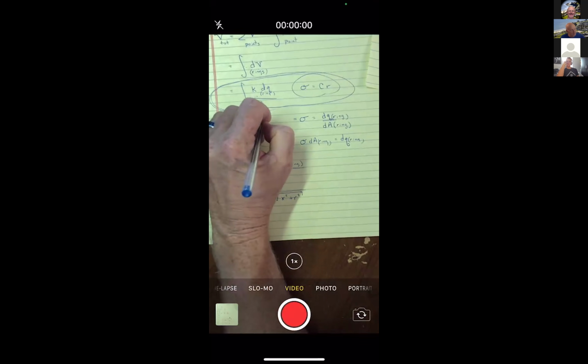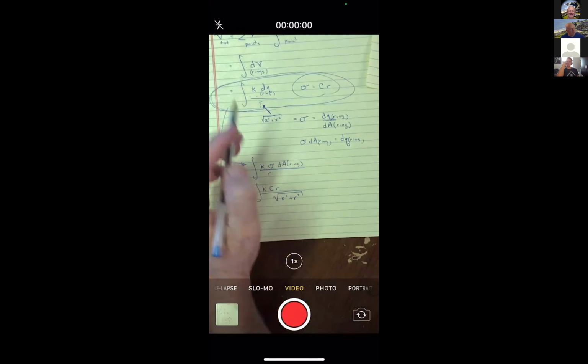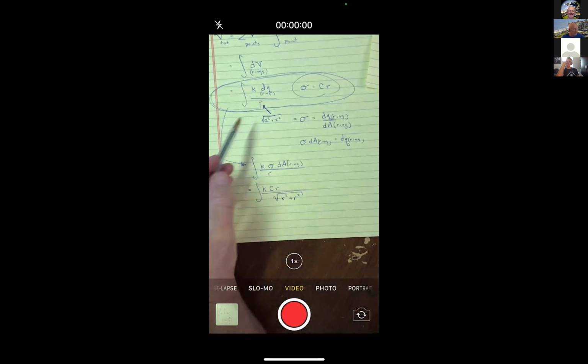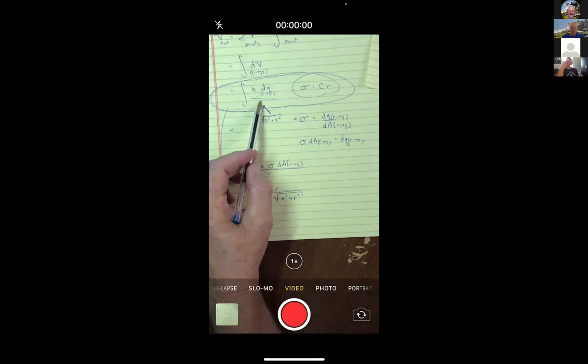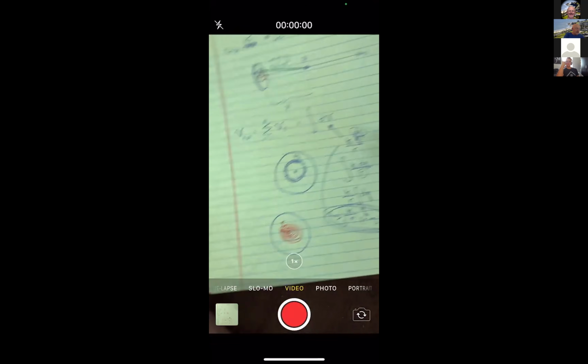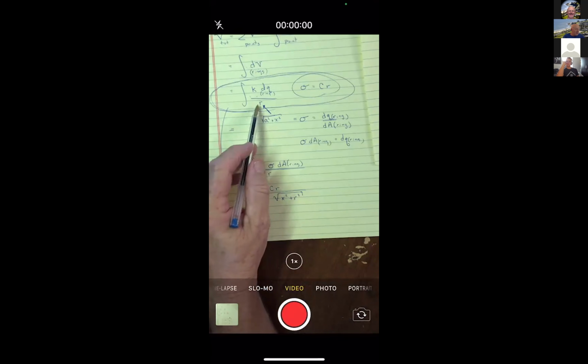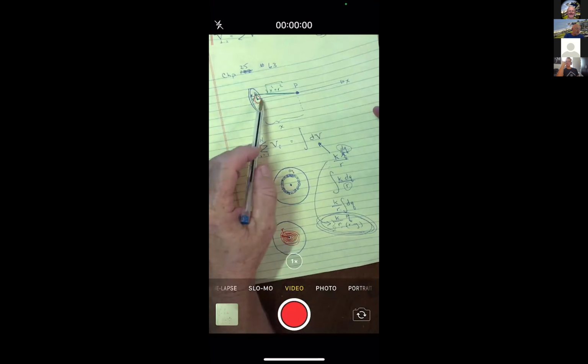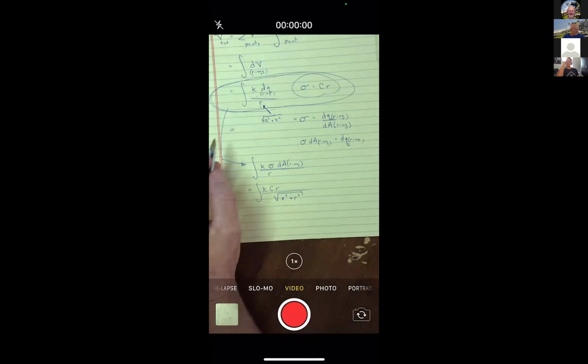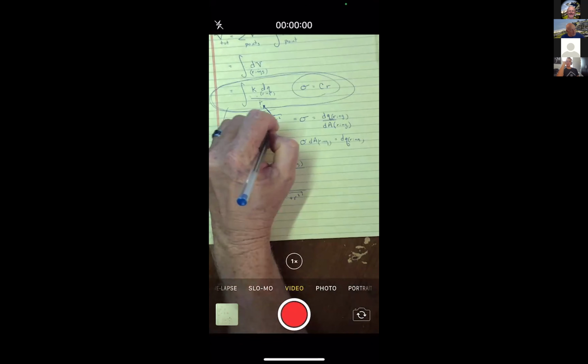The author wrote it as a squared plus x squared, where the x is the same in his example as what we're doing, and the a is the radius of the ring. So in our case, it would be the lowercase r. So this would become r squared plus x squared.